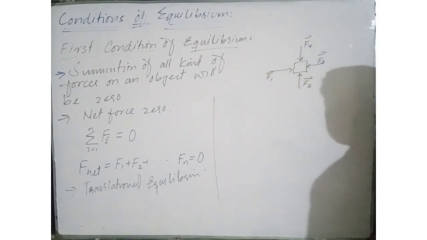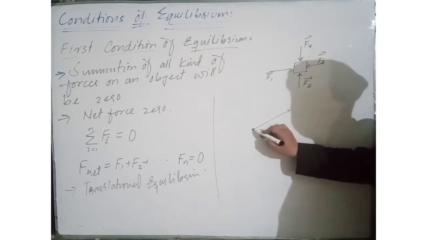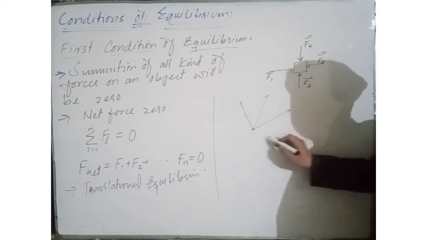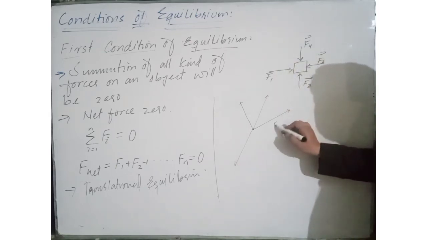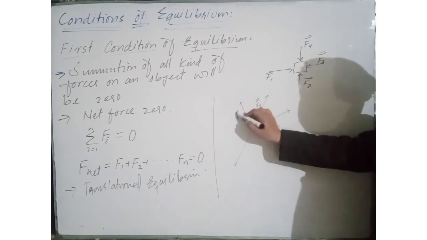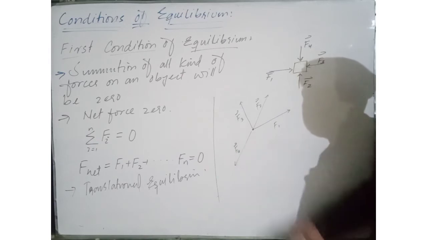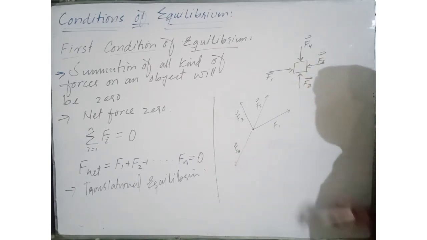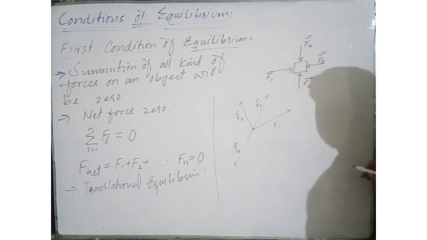For translational equilibrium, if I draw three or four forces, let's say the first one is in that direction, the second one in that direction, this is the third one, and this is the fourth one. Whenever we draw such forces and add them, then for translational equilibrium we have to get a null vector, or zero value, of our force, right?